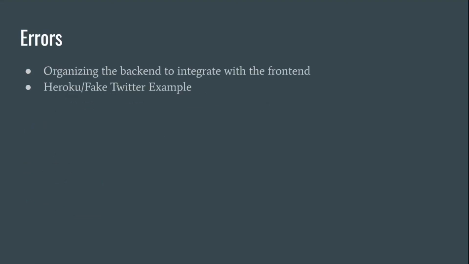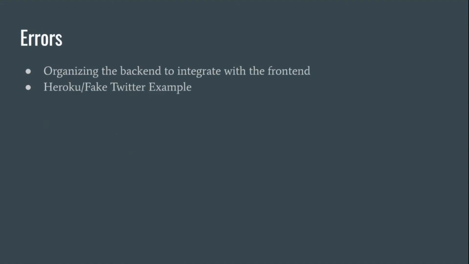And lastly, for some mistakes we made and lessons we learned from those mistakes, there were a ton of errors, but we boiled them down to two major ones that are sort of connected to each other. First, our integration between the back end and the front end was a bit of a mess, to say the least.